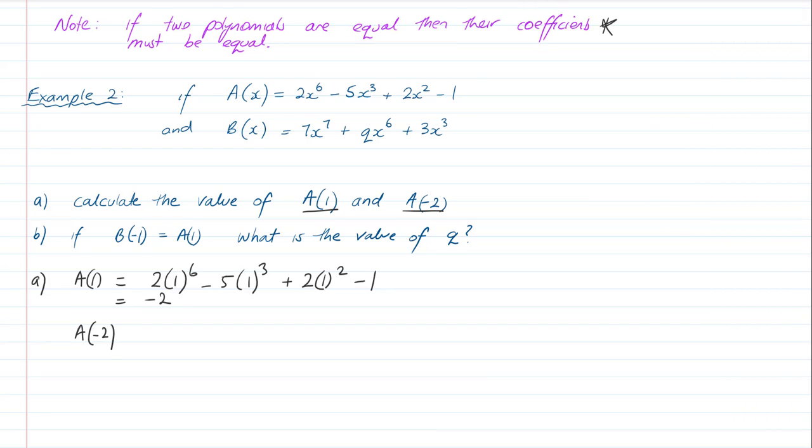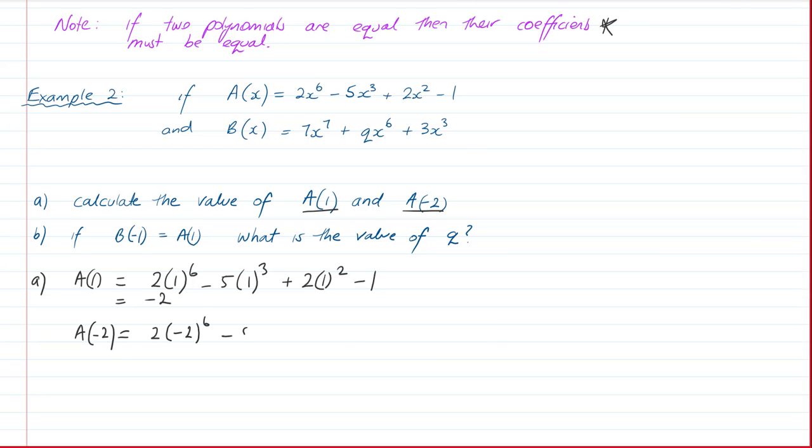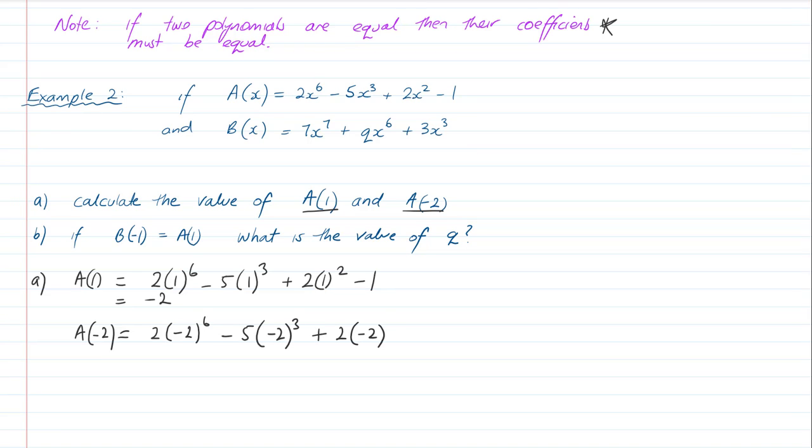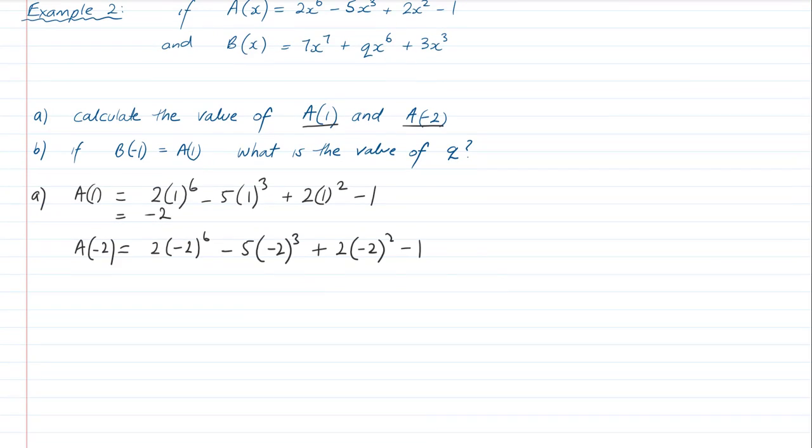And then A of negative 2, and this is where we substitute negative 2 in, but we have to be a bit more careful now because negative 2 is a bit trickier. So it's negative 2 to the power 6 minus 5 times negative 2 cubed plus 2 times negative 2 squared minus 1. And now I'm going to add an extra line of working here because I want to make sure I get this right.